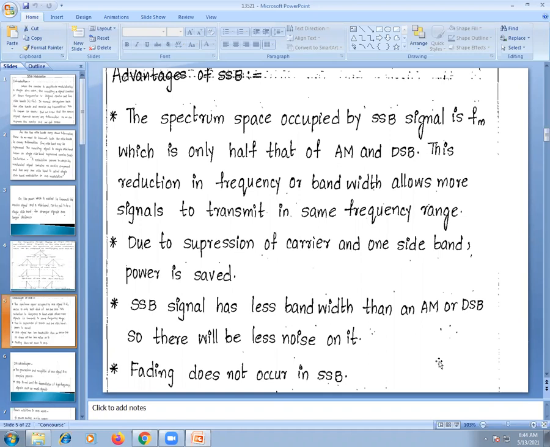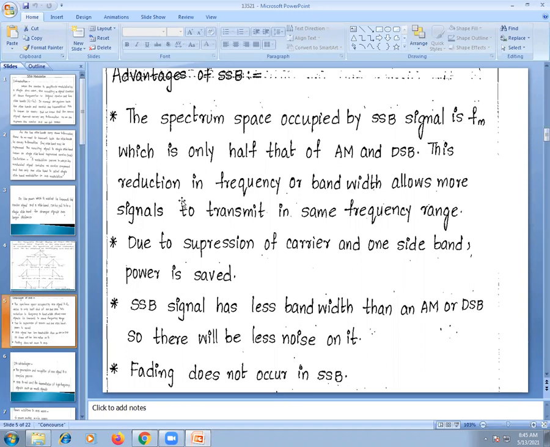So the bandwidth is compressed, and there is more bandwidth utilization.